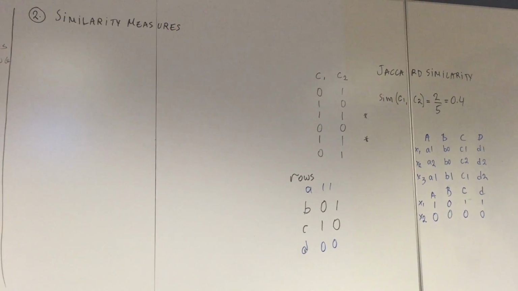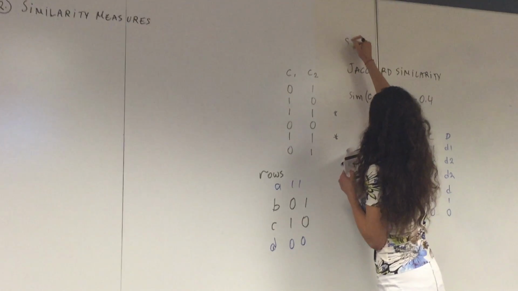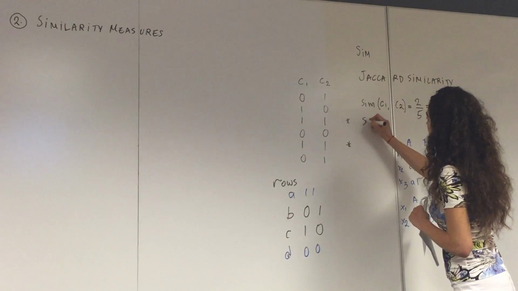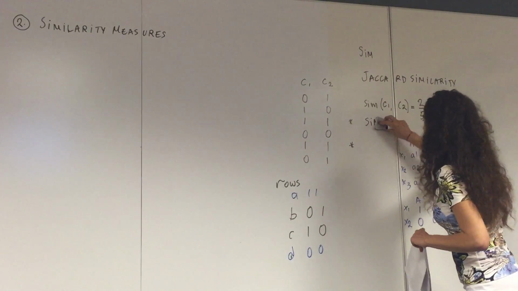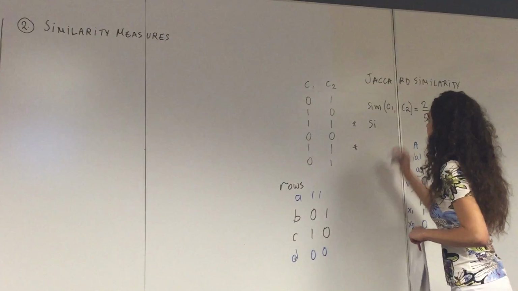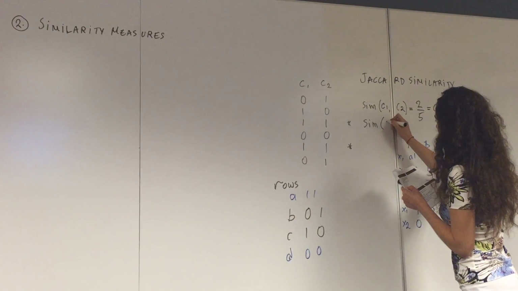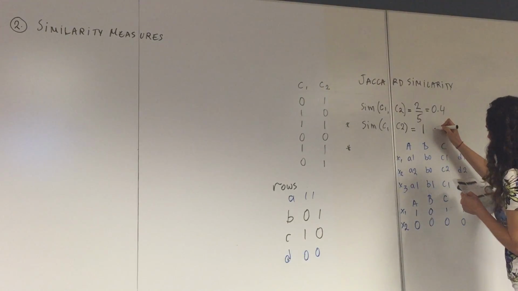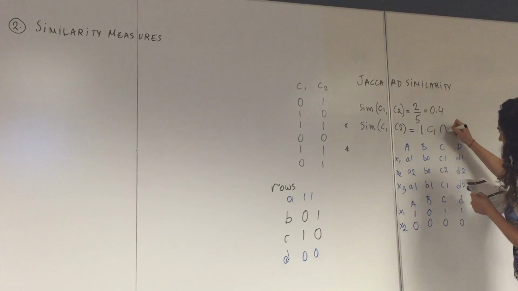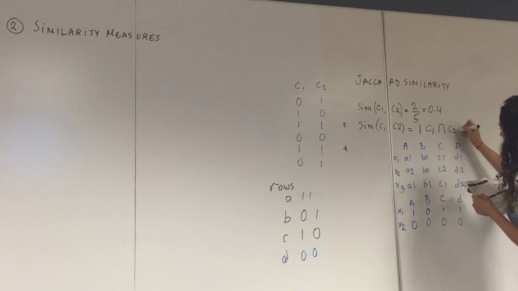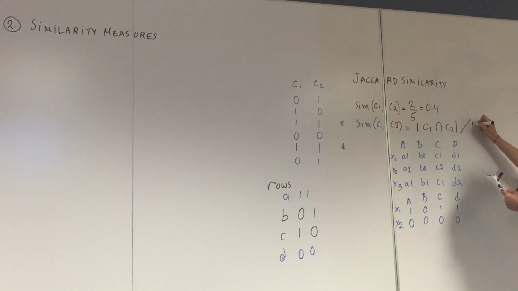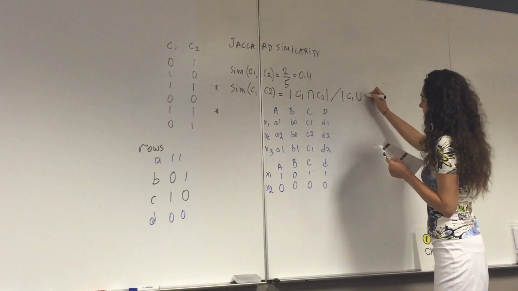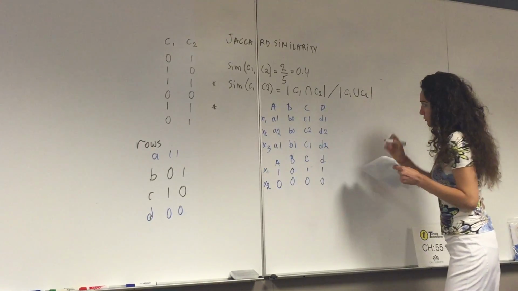We said that the Jaccard similarity between C1 and C2 was equal to the number of elements in the first set intersection the number of elements in the second set, divided by the number of elements in the union of the two sets.